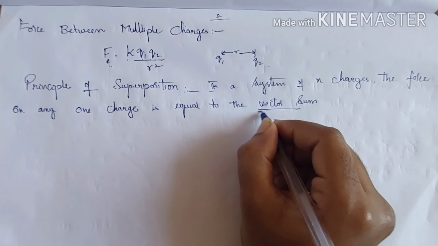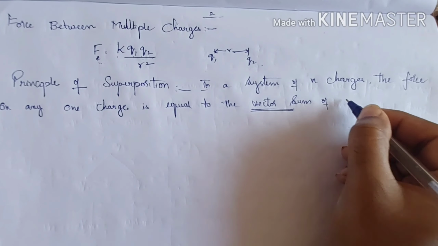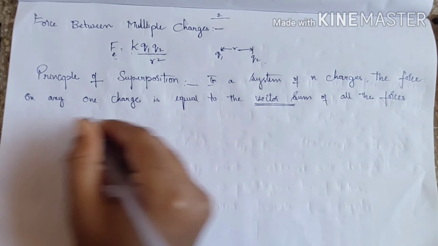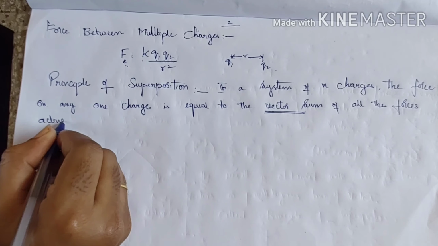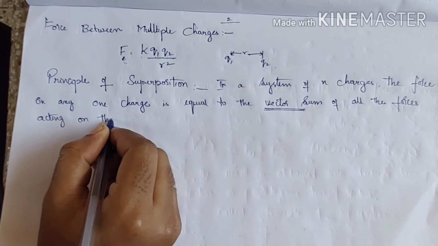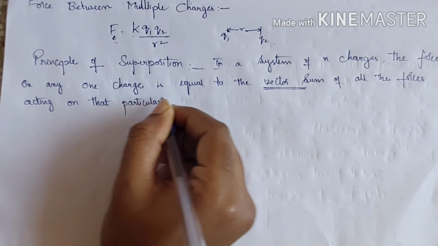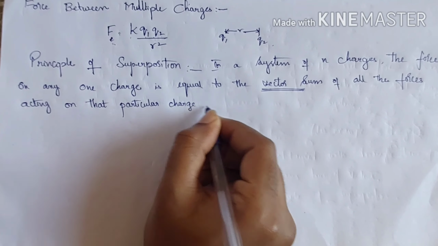So see carefully, I have written vector sum of all the forces acting on that particular charge due to all the other charges.